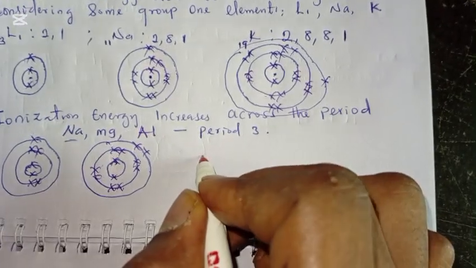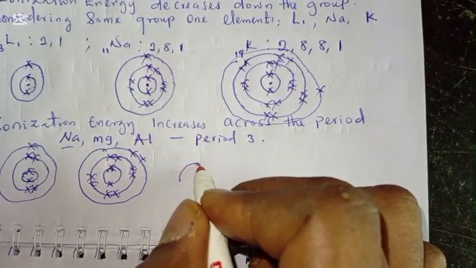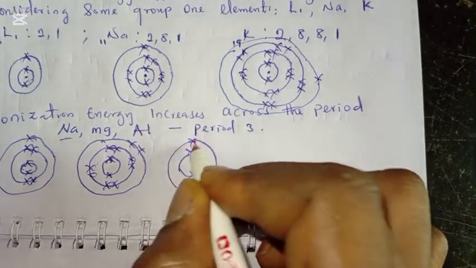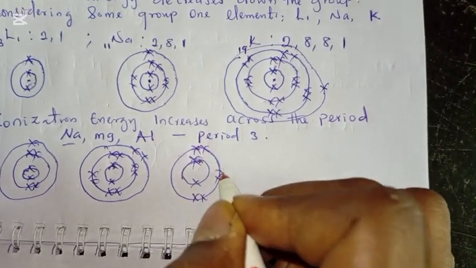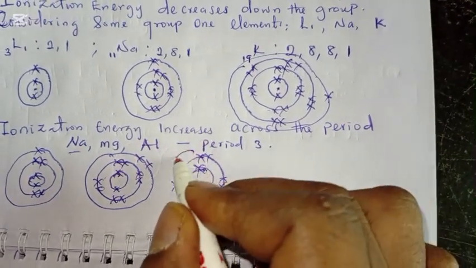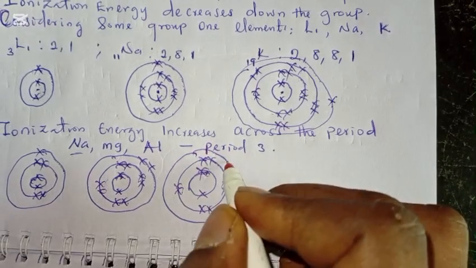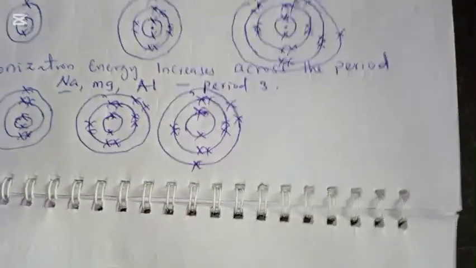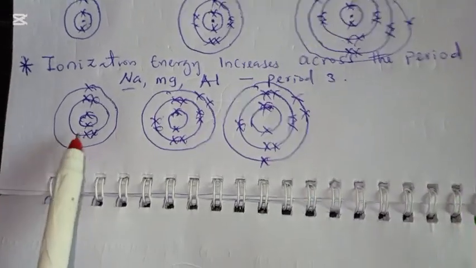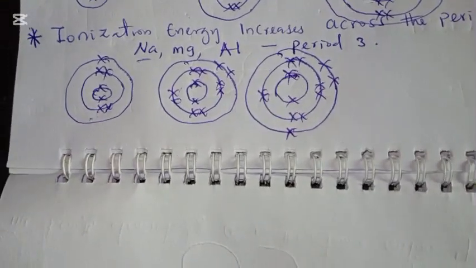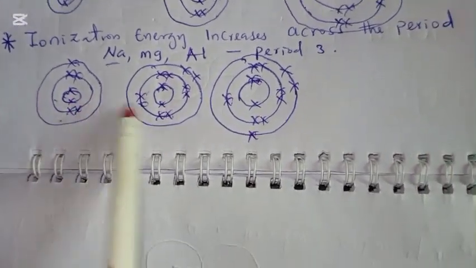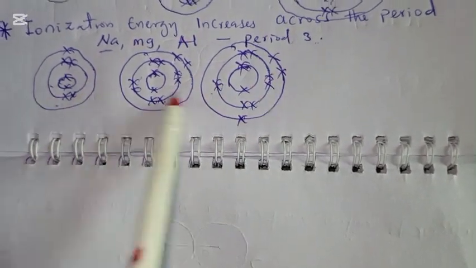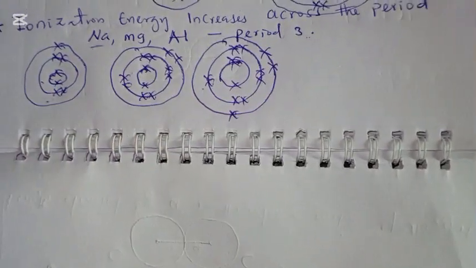If you draw for the last element here, which is aluminium, we are going to have 3 shells as well. Are you following through? If you draw the last one, we have 3 electrons in the last shell. Now, if you observe what is happening here, you notice that the number of shells drawn across the period is the same. For this period 3, as a case study, we have 3 shells all through.